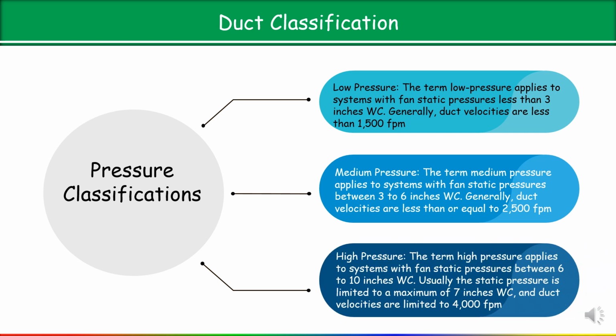Then finally the high pressure duct system generally applies to systems with fan static pressure between 6 to 10 inch water column. Typically this high pressure duct system is used in industrial systems, high rise buildings or clean rooms requiring precise control.